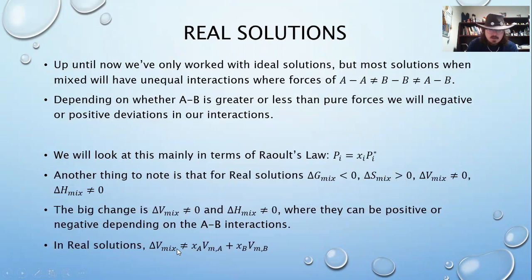In a real solution, the volume of mixing is not just going to be the volume of A times its mole fraction plus the volume of B times its mole fraction. It's not going to just be the sum of the volumes. It's going to be, basically, how do they pack together?